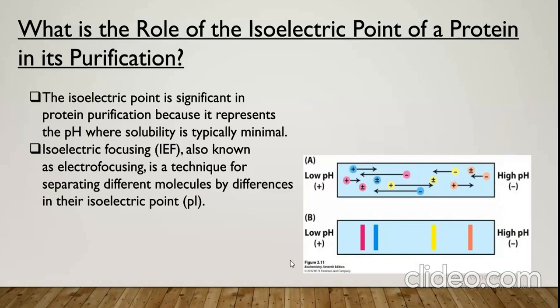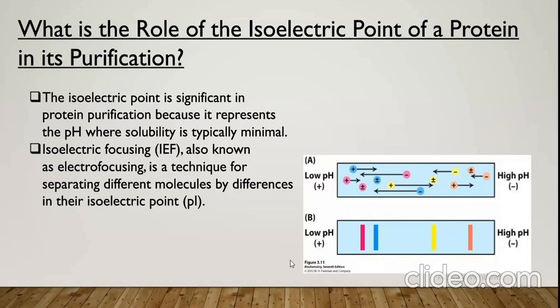Coming to the last question, what is the role of the isoelectric point in protein purification? The isoelectric point is significant in protein purification because it represents the pH where solubility is typically minimal, and the protein isoelectric point signifies where mobility in an electrofocusing system is zero.